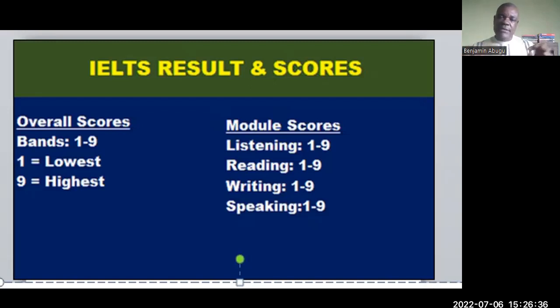So knowing what your university or the organization you want to work in, or the government where you want to go, their immigration department, you can always find out this information from their website. And it's important you do that so that you know exactly your study plan and your scoring goal.